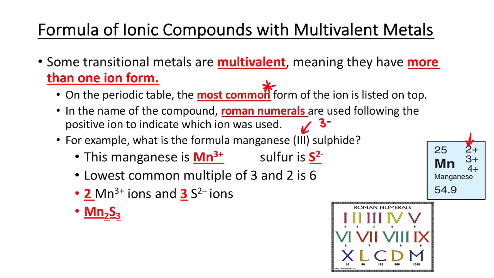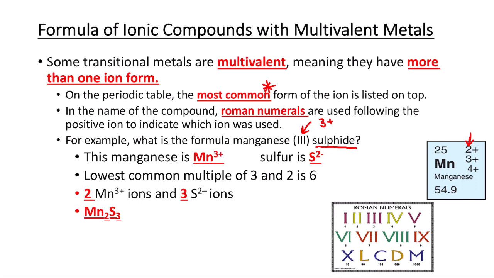The 3 tells us that we need to use the 3+ ion for manganese, and sulfur, based on sulfide, only has one charge, and that is 2- based on the periodic table.